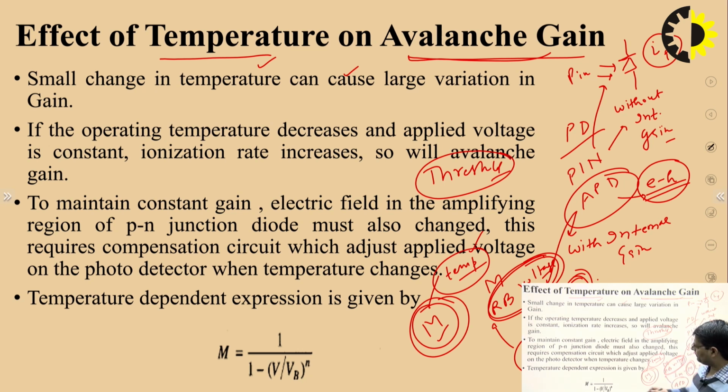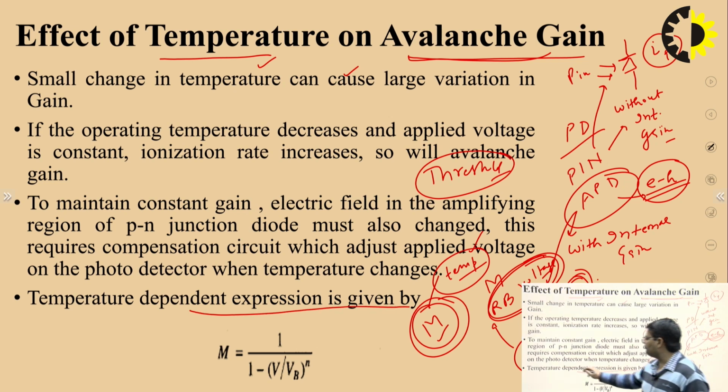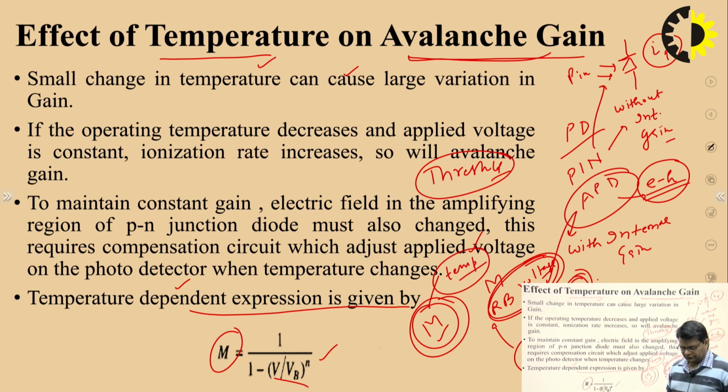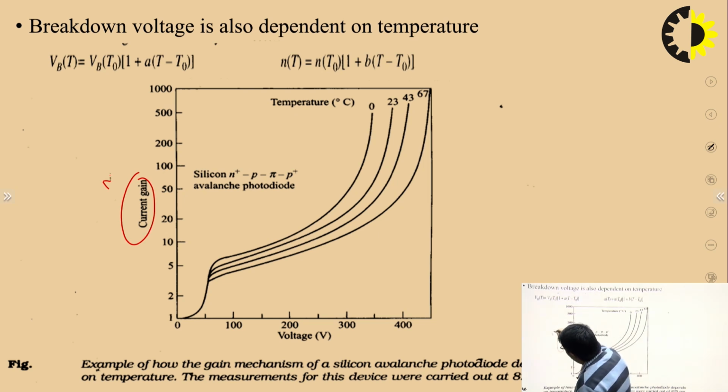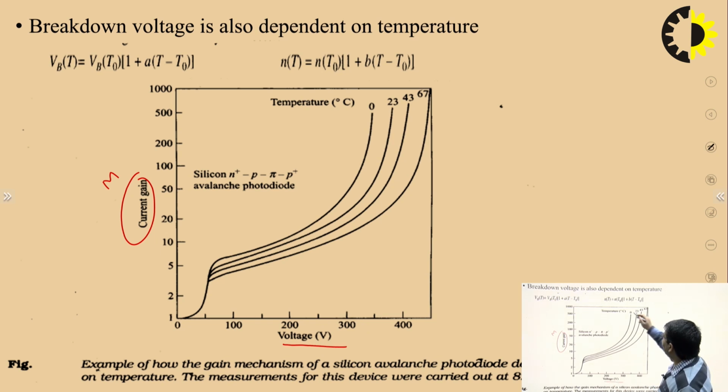So, this is the relation of temperature dependence of internal gain M over the voltage. These are the characteristics showing the impact over the current gain. Current gain M is shown with respect to voltage as a function of temperature.